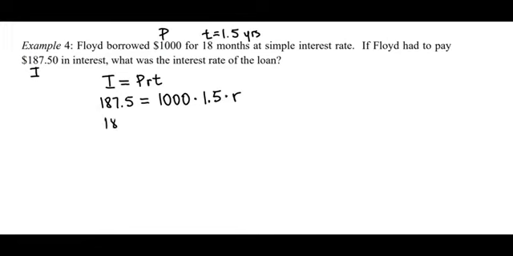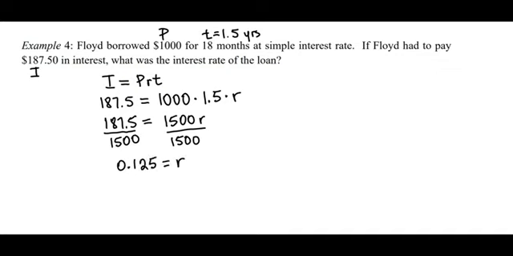So we have 187.50 equals 1,000 times 1.5 gives you 1,500 times R. All right, so now we're going to divide everything by 1,500. Then we will have 0.125 equals R. So that's a decimal. So our rate, we're going to express that as a percent, 12.5%.